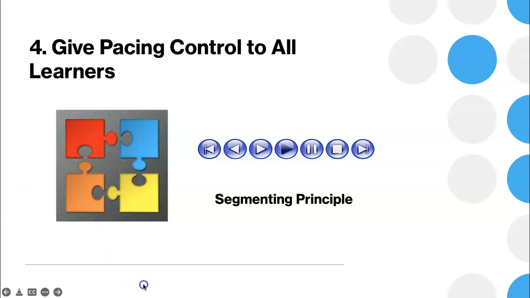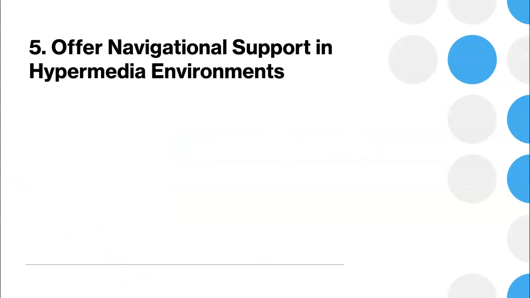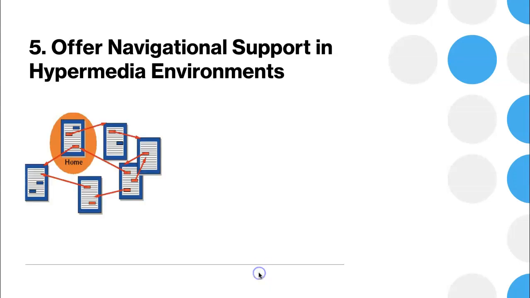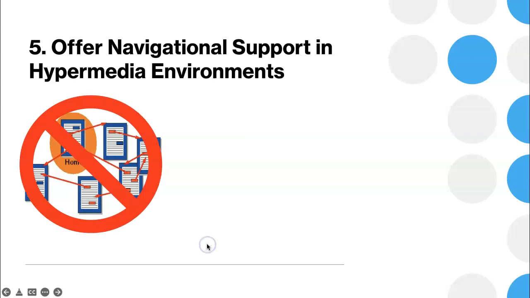Finally, offer navigational support in hypermedia environments. Links are great, but use them sparingly. Too many links are associated with cognitive overload. Use navigation options to avoid too much mouse movement.